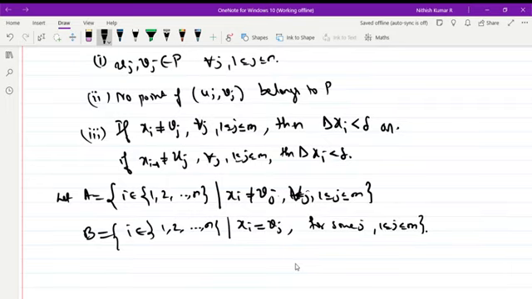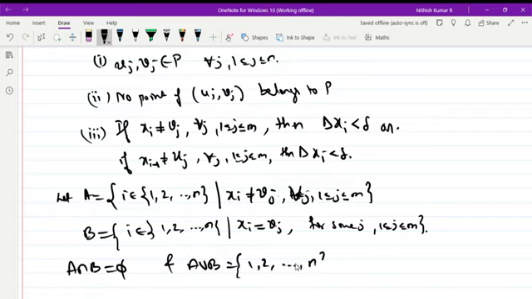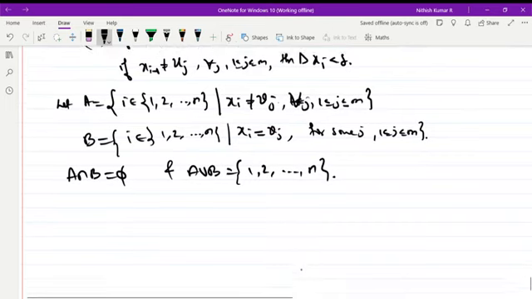Therefore it is not possible for one index to be in both sets. If one index, say t, is in A, then xt is not equal to vj for all j, so xt equal to vj is not possible. That is, A intersection B is empty, and A union B is 1, 2, and so on up to n.